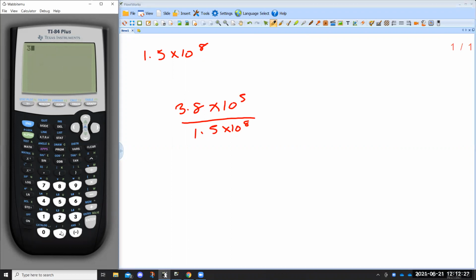That is 3.8 times 10 to the 5th divided by 1.5 times 10 to the 8th, and that needs to be multiplied times my big one here, which is 100 meters.